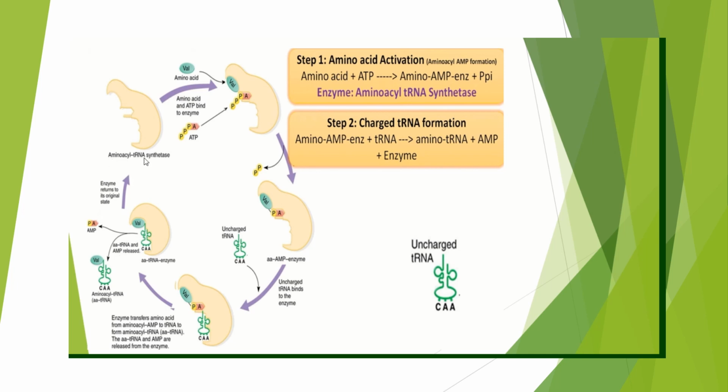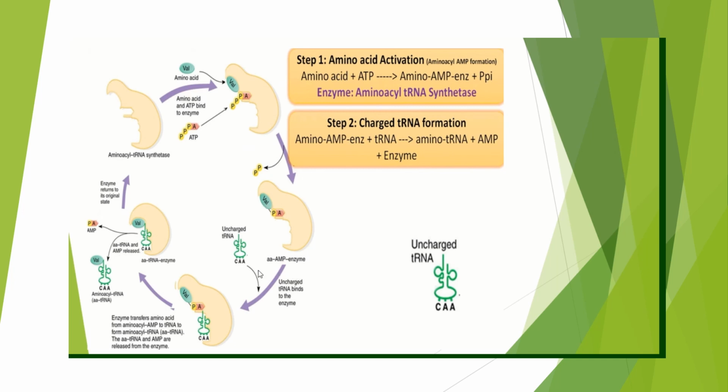Once again, the first step is amino acid activation. Here the aminoacyl tRNA synthetase joins the amino acid valine with the ATP and forms aminoacyl AMP with the release of two phosphates.